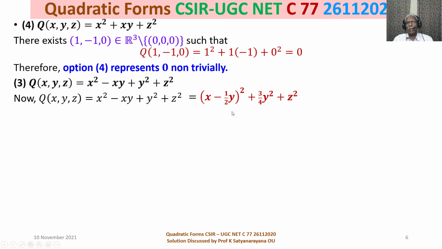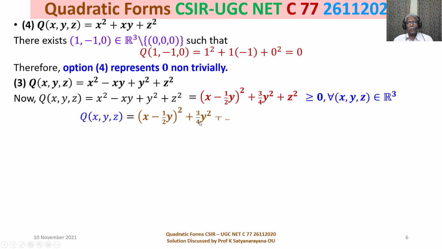The sum of squares is greater than or equal to 0 always, for all triads x, y, z belonging to R cube. Now we see this quadratic form will be 0 if and only if the triad x, y, z is the 0 triad 0, 0, 0. That we will see now. Q of x, y, z is equal to 0 if and only if x minus half is equal to 0, y is equal to 0, z is equal to 0.